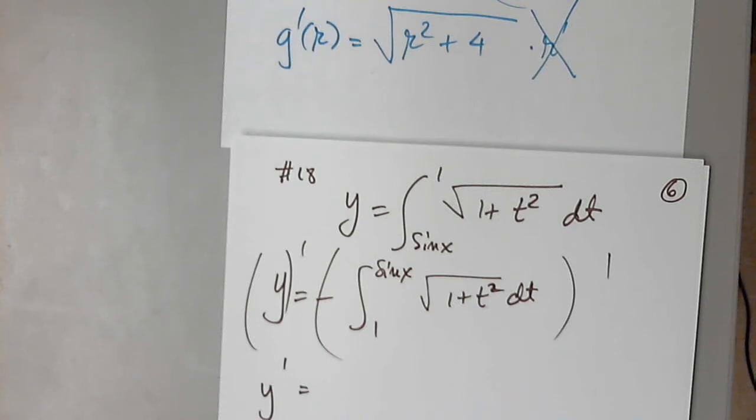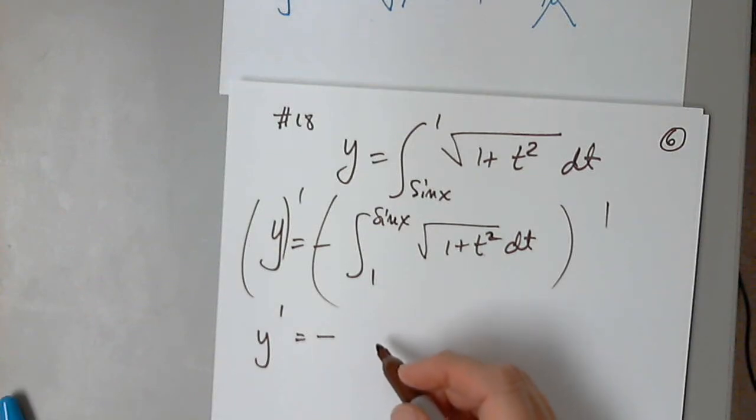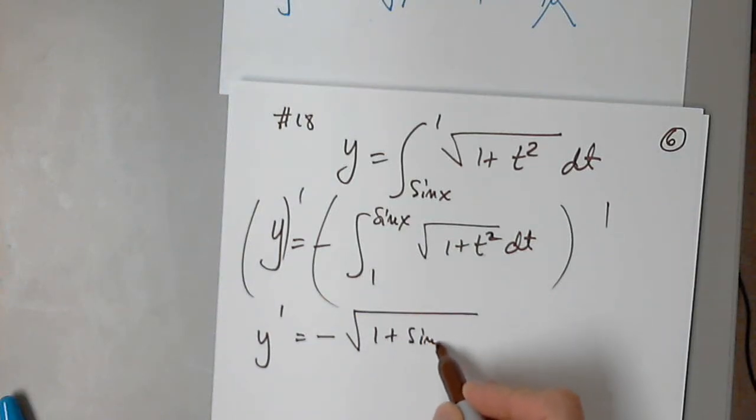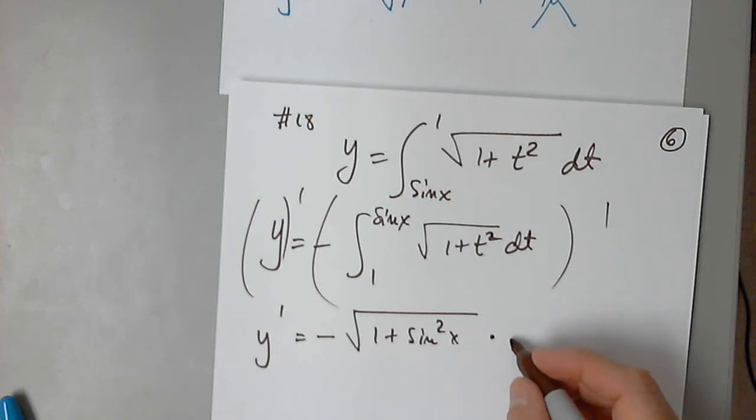And then we'll look at a numerical example. Okay, so then what will you write? Negative square root of 1 plus sine squared, times cosine.